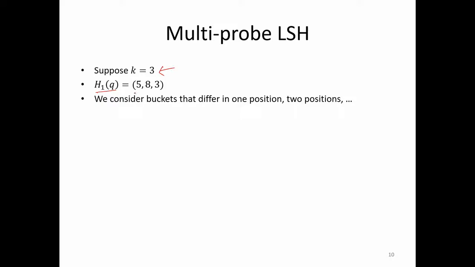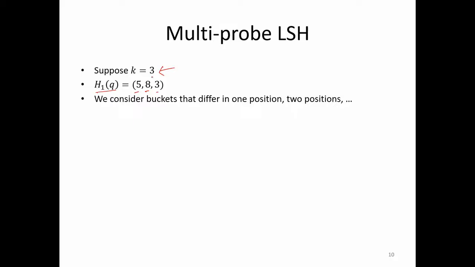These may be bucket ids 5, 8 and 3, in no particular order. Now remember there was this idea of distance. So what is this notion of distance in this hash function space?